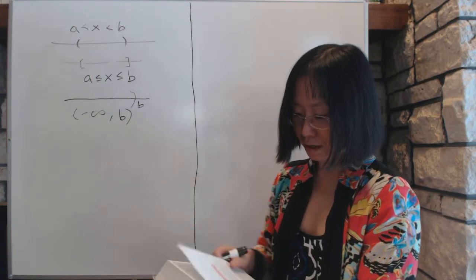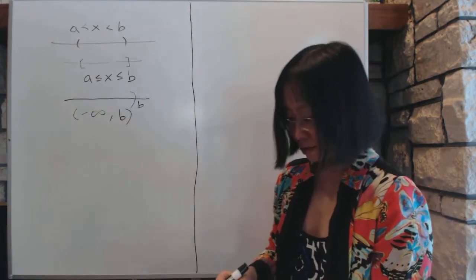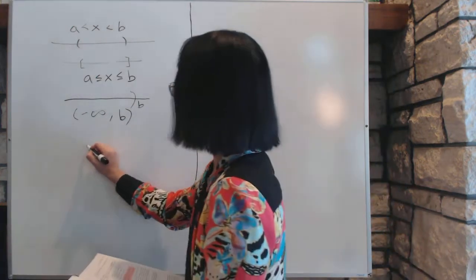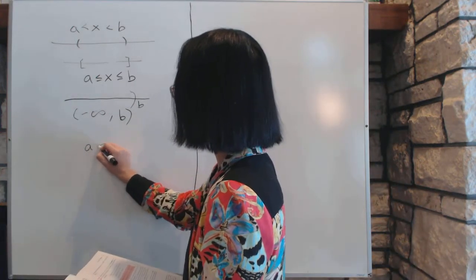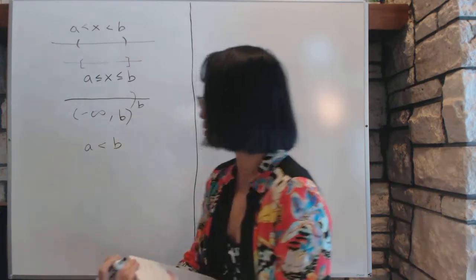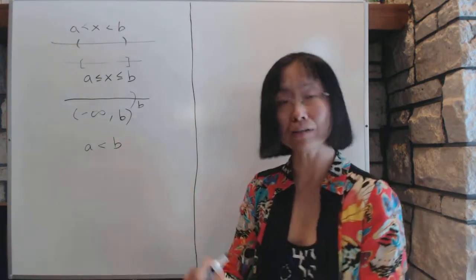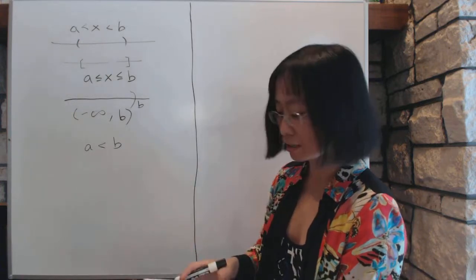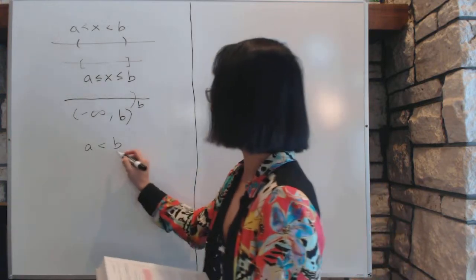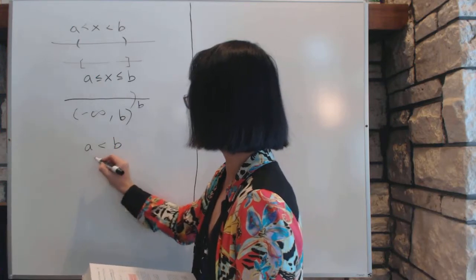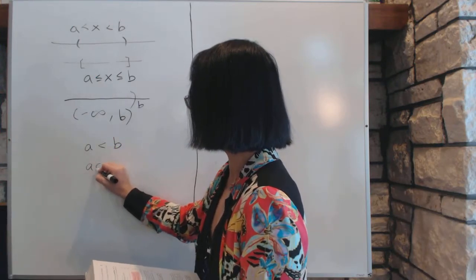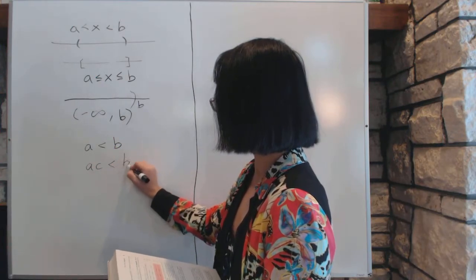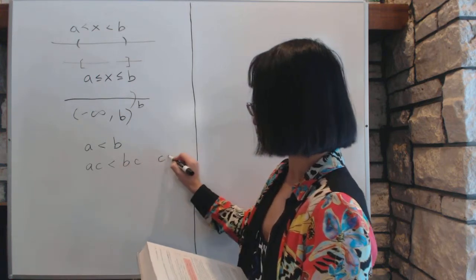Now, the next thing we want to talk about is inequalities. Inequalities have similar qualities as regular equalities, with a very distinctive difference: when you multiply an inequality by something, say you have AC, that is only going to be less than BC if C is positive.